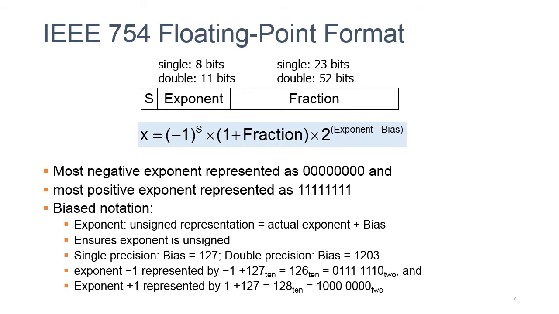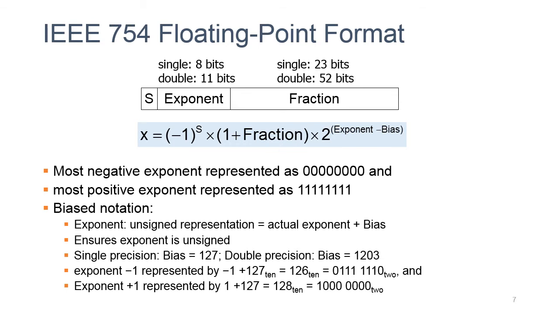An exponent of -1 is represented by the bit pattern of the value -1 + 127, which is equal to 126, which is 01111110 in binary, and +1 is represented by 1 + 127, or 128, which is 10000000 in binary.